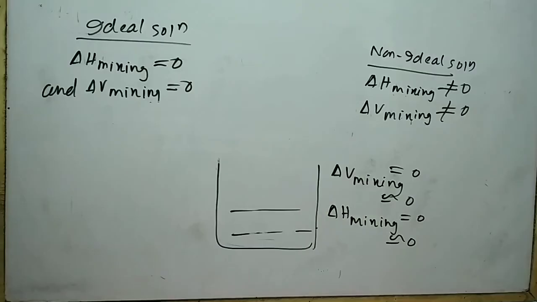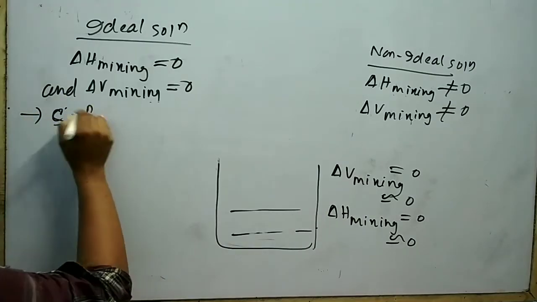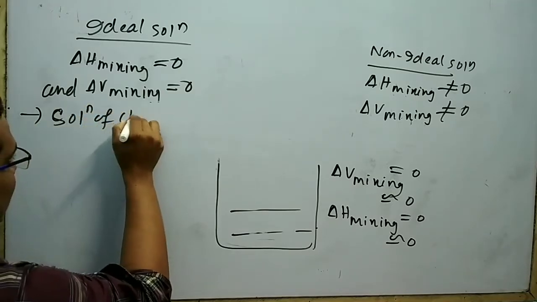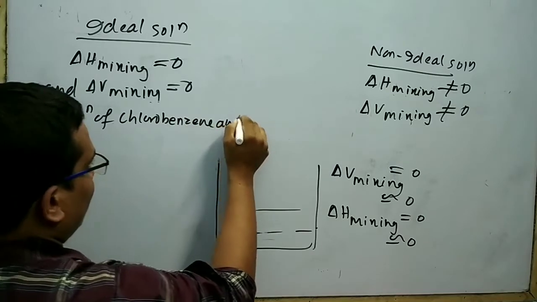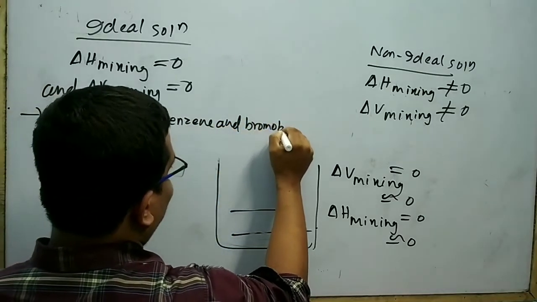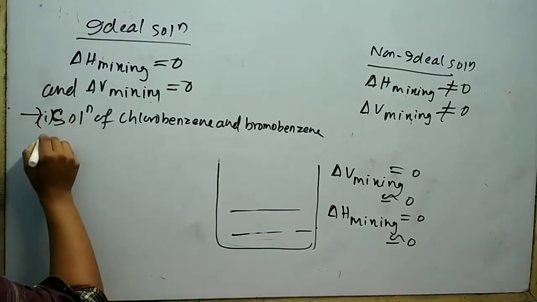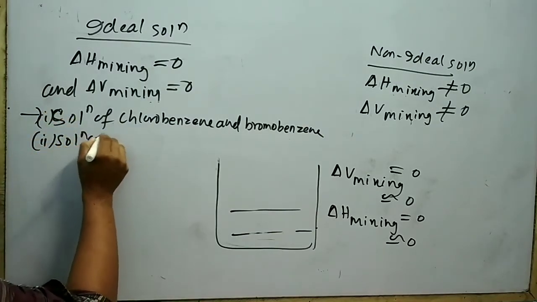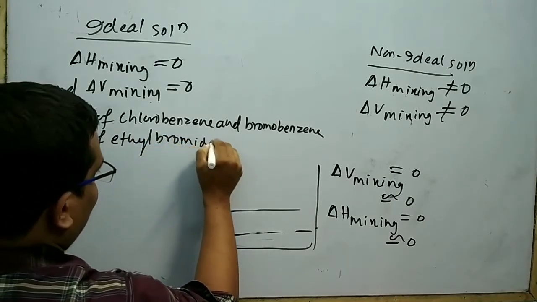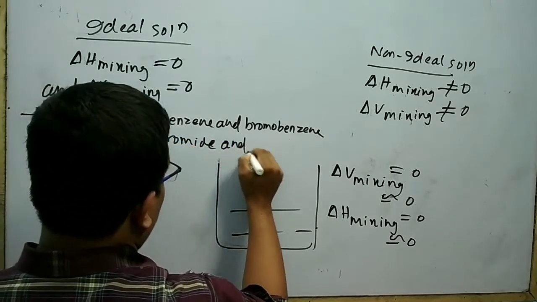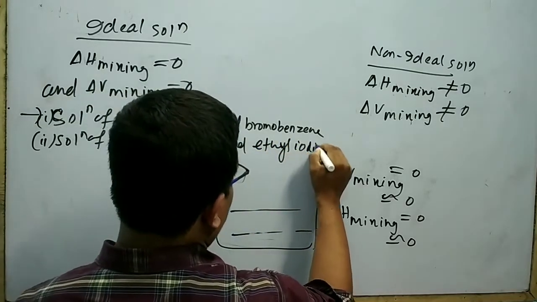Examples of ideal solution are your solution of chlorobenzene and bromobenzene. Next example is your solution of ethyl bromide and ethyl iodide.